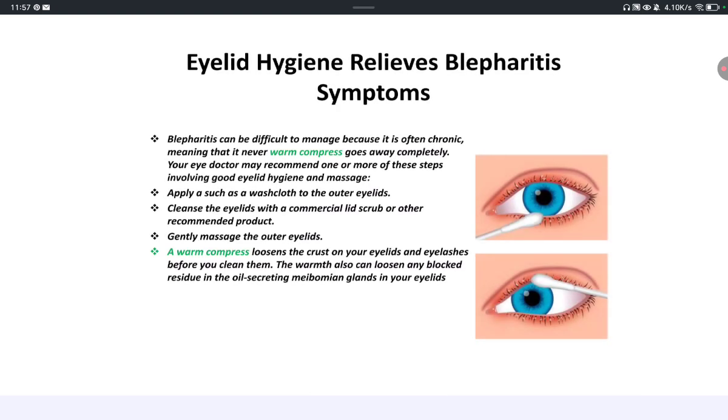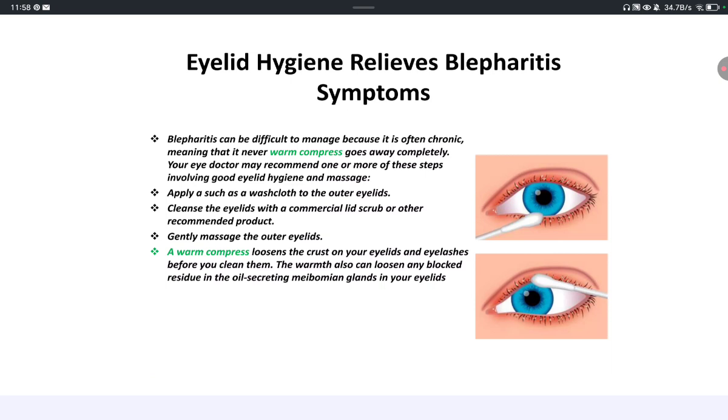Next, eyelid hygiene to reduce blepharitis symptoms. Blepharitis can be difficult to manage because it is often chronic, meaning it may not go away completely. The doctor may recommend one or more of these steps involving good eyelid hygiene. Apply a warm compress, such as a washcloth, to the outer eyelids.